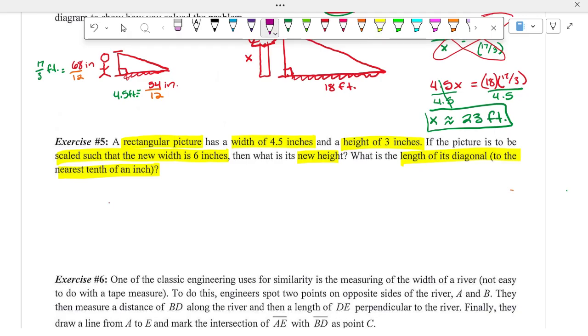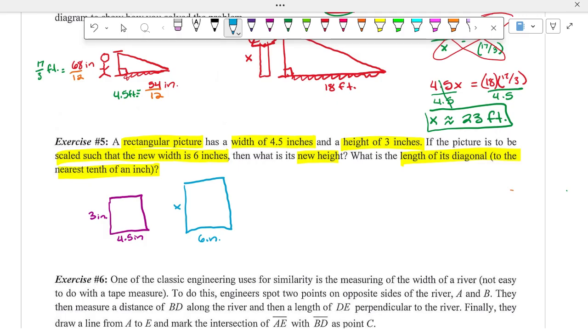So let's say we have our first picture. The width is 4.5 inches. The height is 3 inches. They then make a bigger frame, or they scale that picture to be bigger, where the width is now 6 inches, and we don't know what the height is.